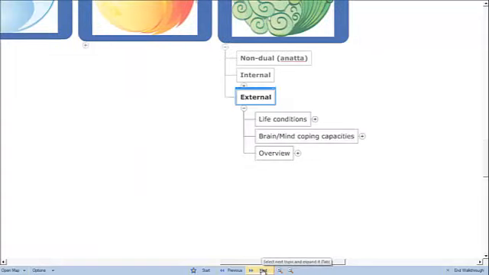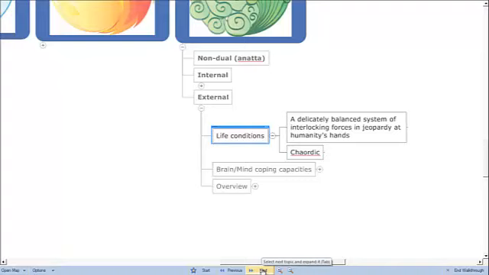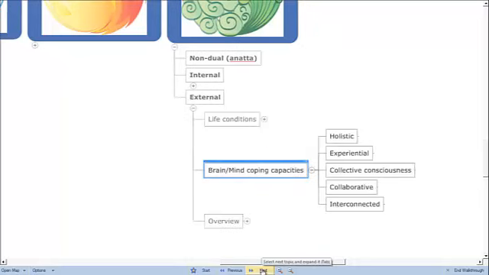This is the part where I'll probably lose a lot of people. The life conditions at Air External are a delicately balanced system of interlocking forces in jeopardy at humanity's hands. It's chaotic. The brain and mind coping capacities at this level are holistic, experiential, collective consciousness, collaborative, and interconnected.